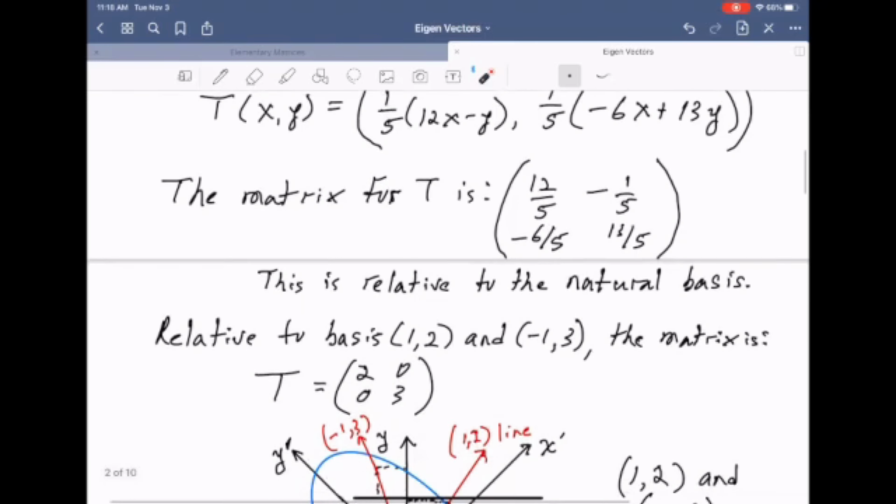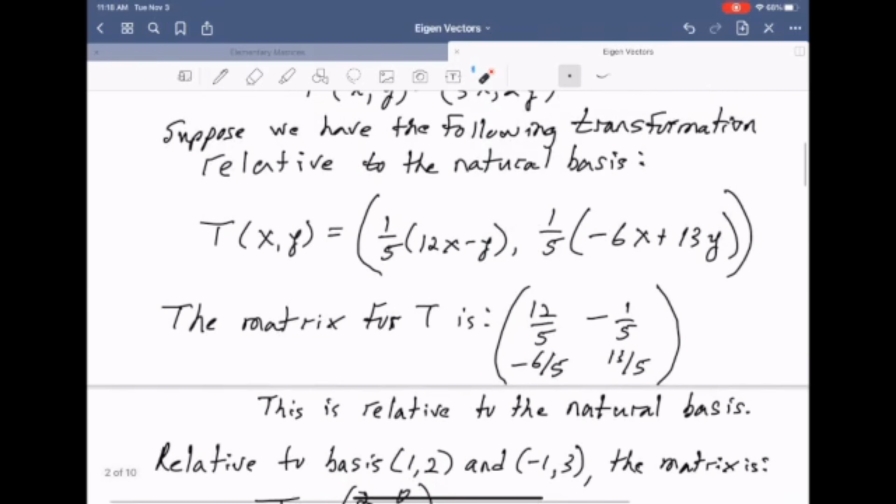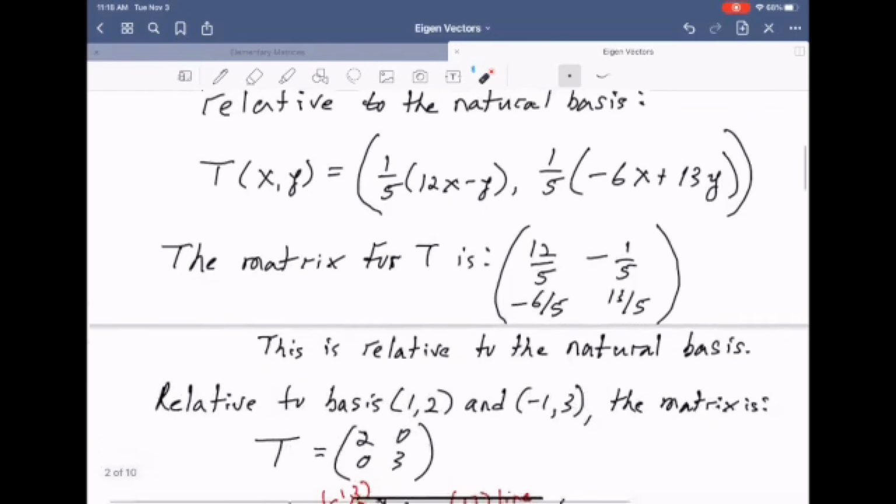Now, this is relative to the natural bases. Suppose we want to change the bases from (1, 0) to (1, 2), and from (0, 1) to (-1, 3). The matrix for this is given by what we had previously, our previous result, given this diagram.